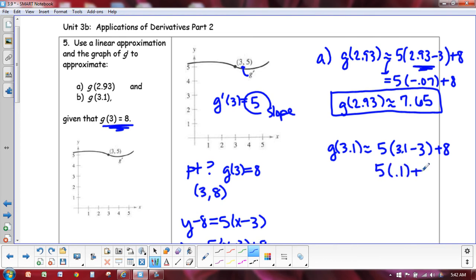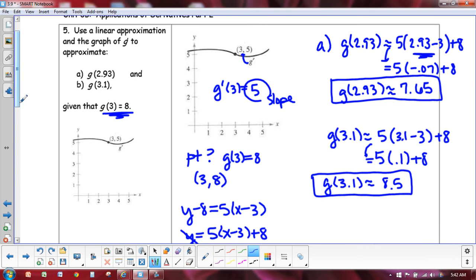A point on the derivative graph, coming back up here, is the slope of your original function. And then they're going to have to give you some information about an original function value so that you can get your point. That's really it as far as linear approximations. You've done all the basics before, just now you've got some graph reading to do, or they might phrase it a little bit differently.